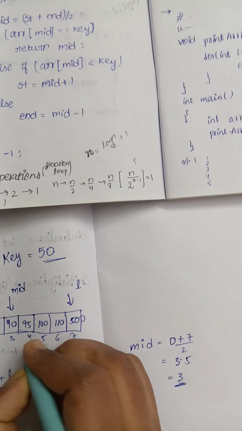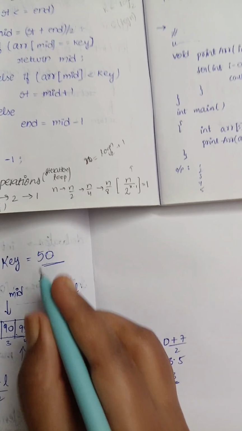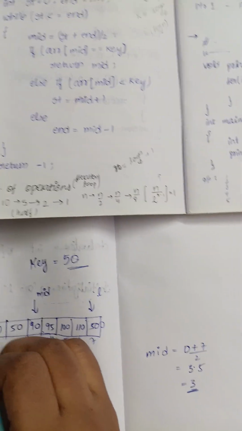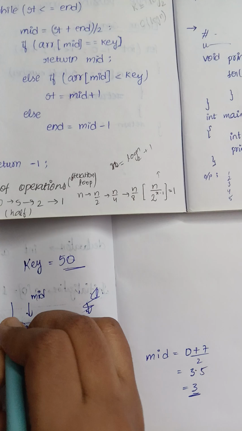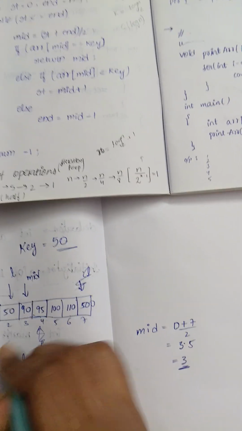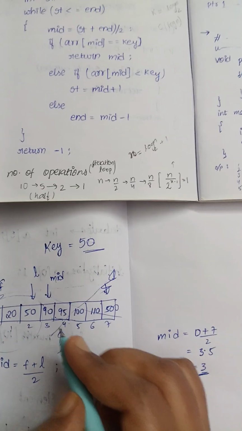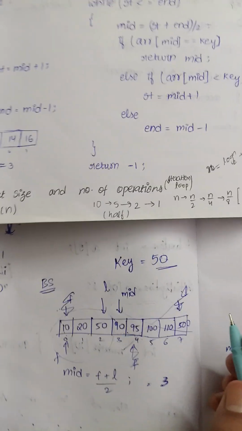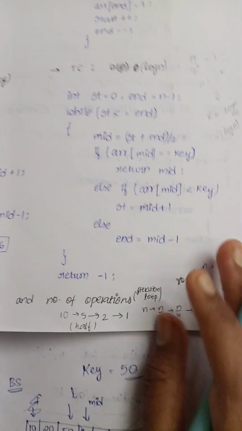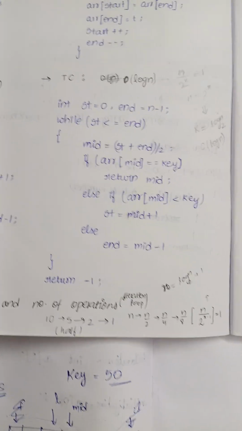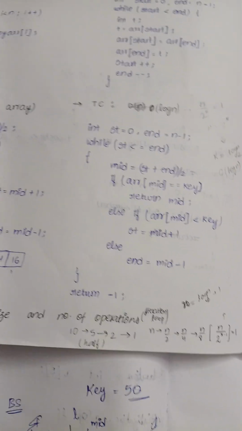If it is 100, we'll take f here, but since it is 50, we'll take L here. Then we can search here instead of searching all through this, so we reduce a lot of searching.